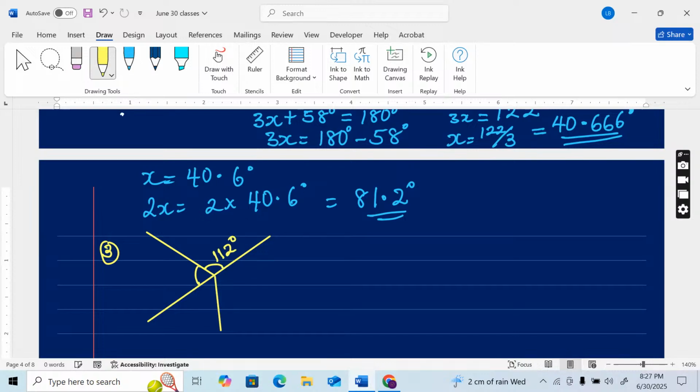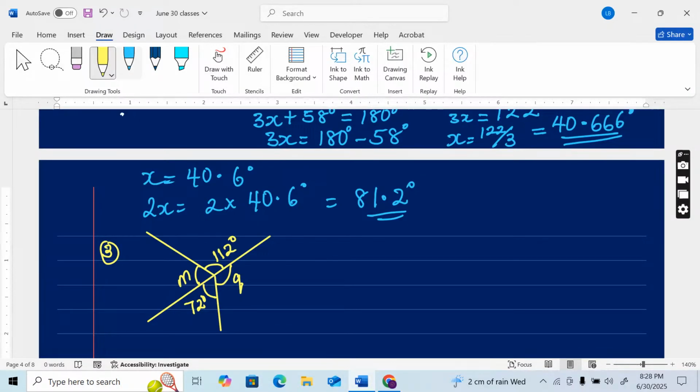I have M right here. Then right here I have 72 degrees. And I have letter Q right here. So we have two unknown angles in this diagram. How do we find the unknown angle?